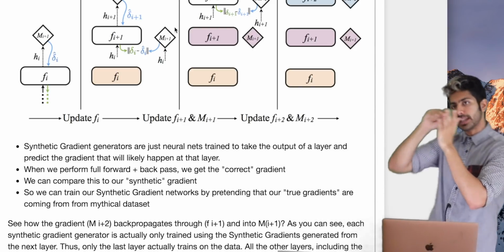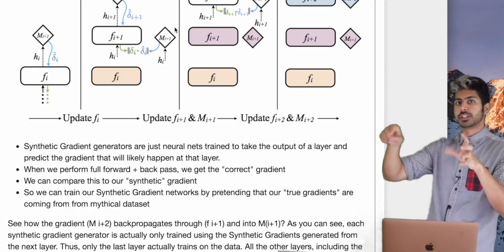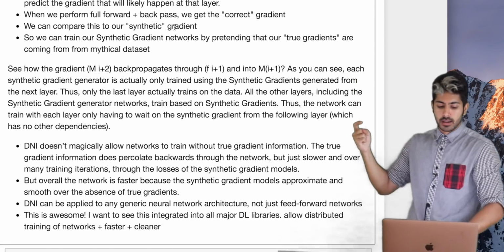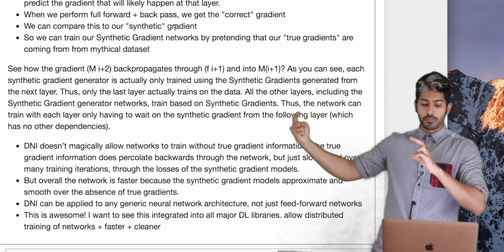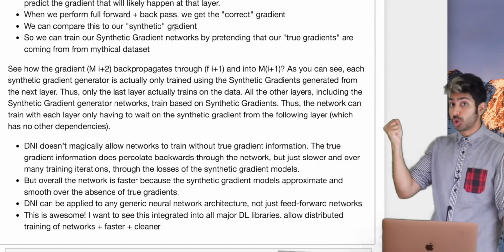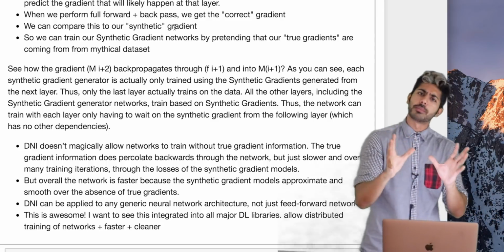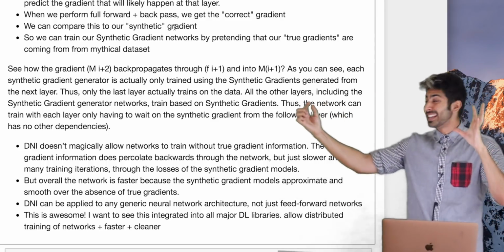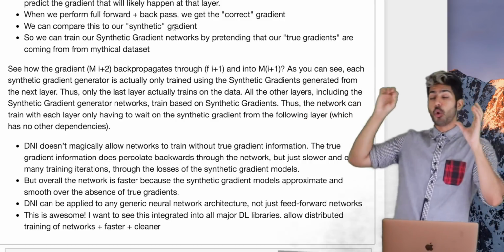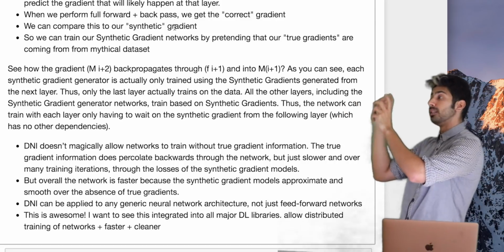And so what's happening is, because every layer is dependent on just the next layer to compute its synthetic gradient, it doesn't magically allow for a neural network to train without having the true gradient backpropagated. The true gradient is indeed still percolating backwards. It's just slower. You see what I'm saying? So the true gradient is slowly percolating backwards, not like the real gradient every time, right? Because only the last layer is computing the output using the true label of the data.